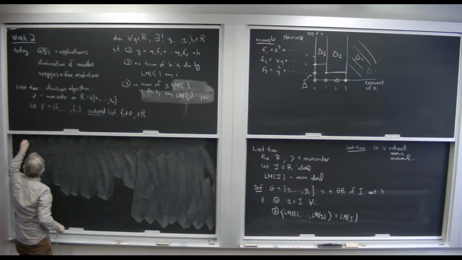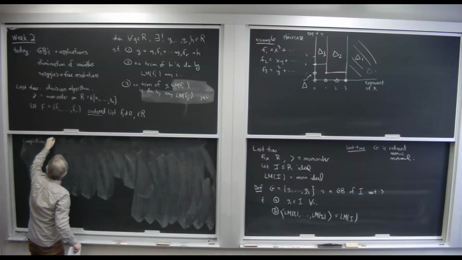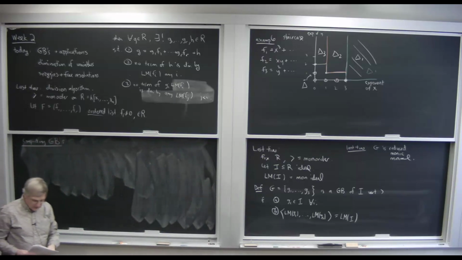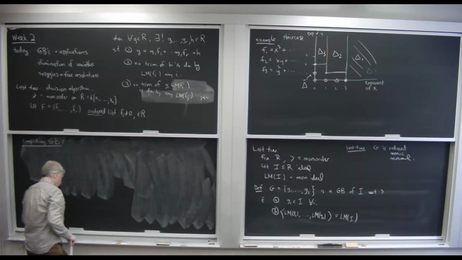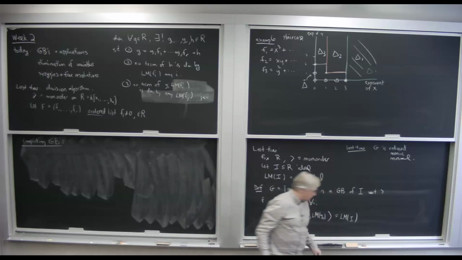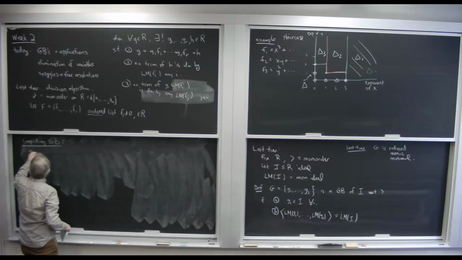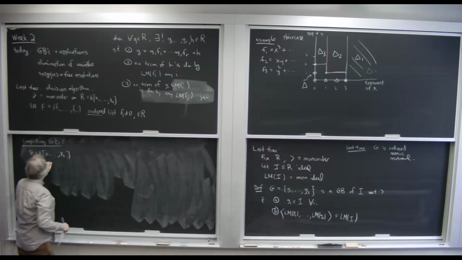So let's talk about computing Groebner bases, GBs. Okay, let's see, I need more since I broke my chalk. So situation, R is equal to K of X1 to Xn as usual. This is a monomial order.